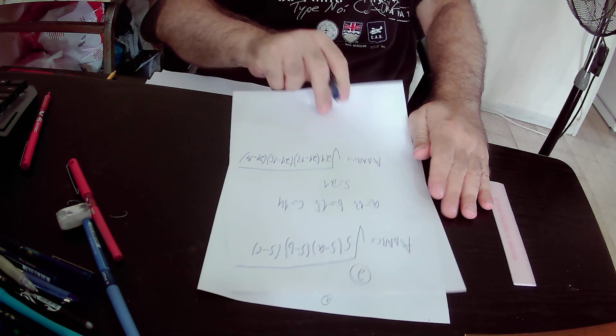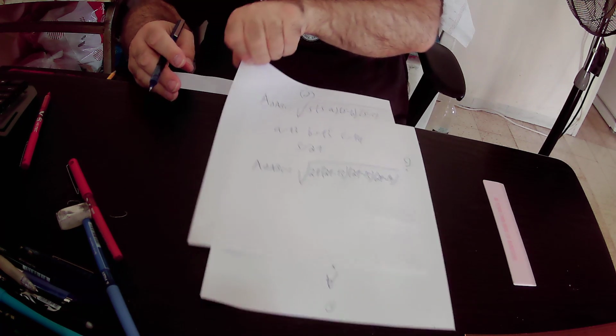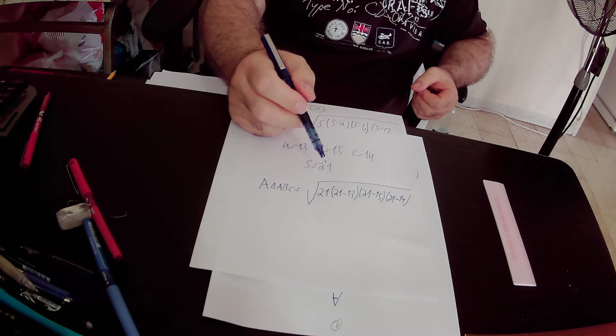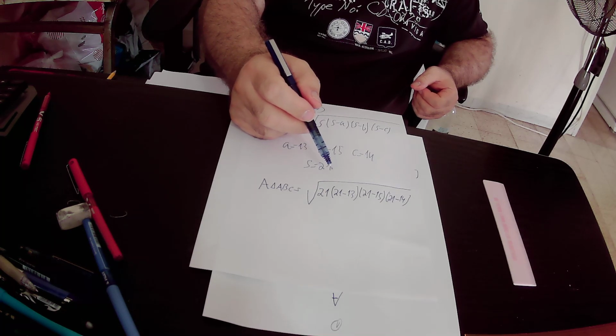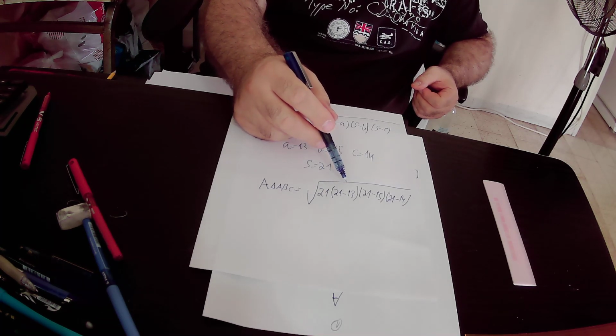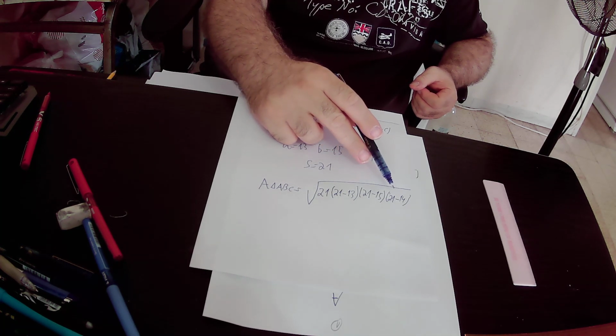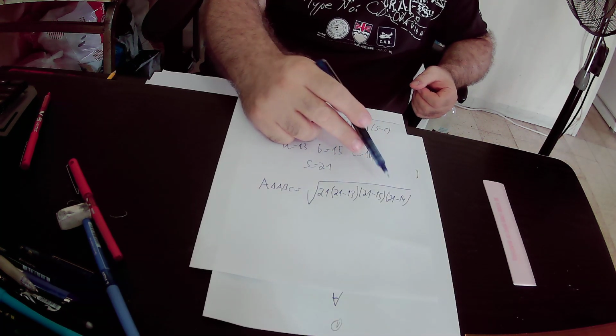So 21 minus 13 is 8, 21 minus 15 is 6, and 21 minus 14 is 7.